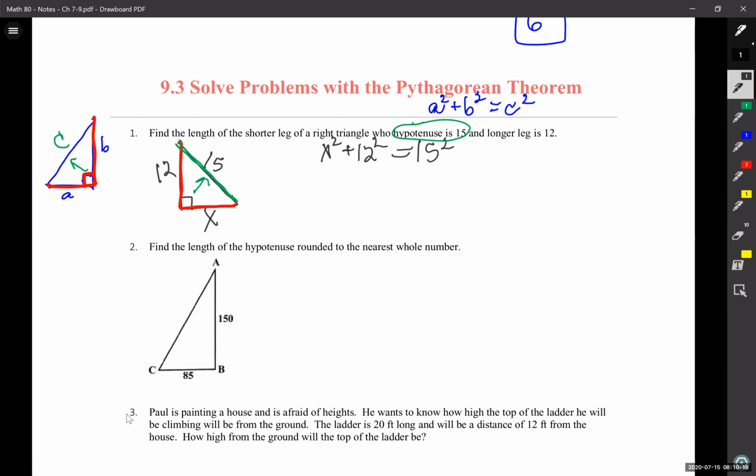Okay, so now I have my calculator handy for these radicals that might happen in this problem. By radicals, I mean square roots or exponents. There are definitely exponents, so I'm going to do exponents first because there are no grouping symbols. So x squared, and then 12 squared is 144, and 15 squared is 225.